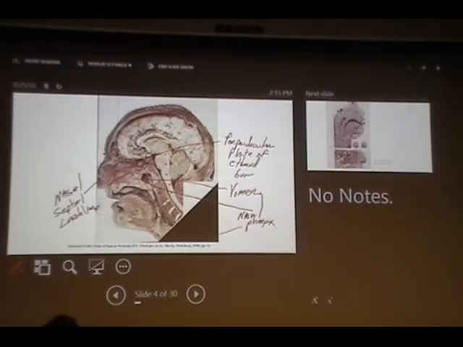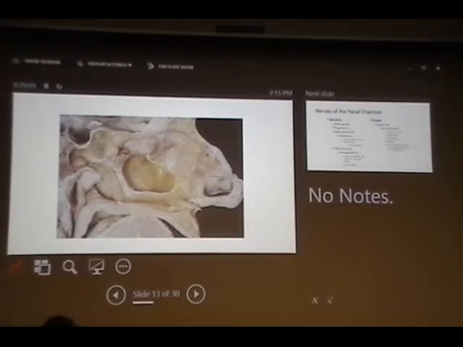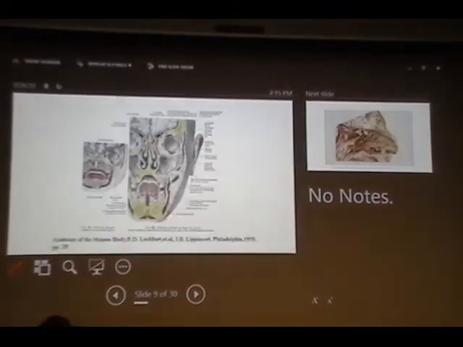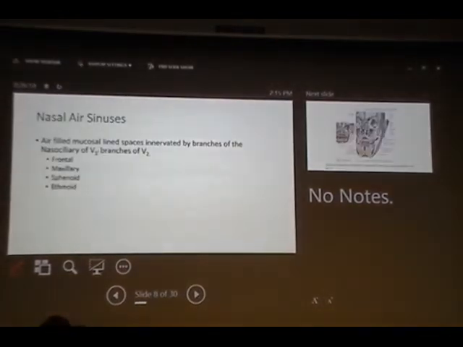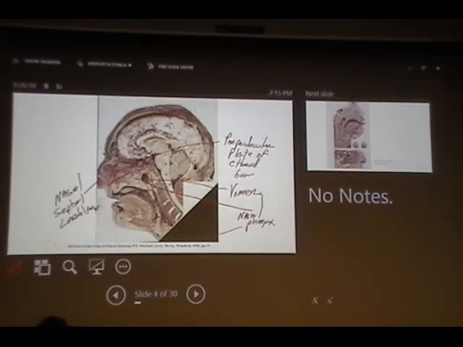What do you think this stuff is back here? What do you think that stuff is?